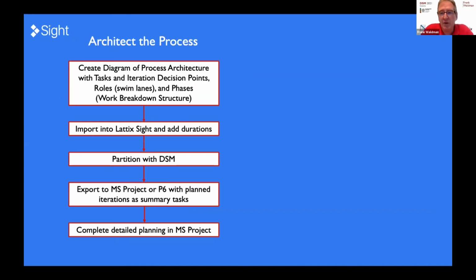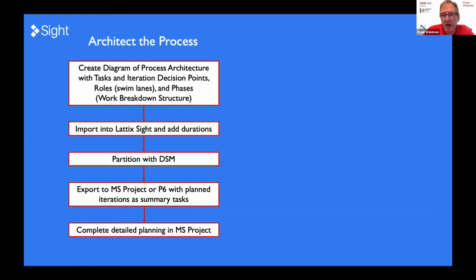So I wanted to just give a little background on where we see Site being used and how it's being used. The idea is to enable people to create a diagram of a process with all of the information that they normally would put into it: tasks, iterations, roles, phases and so forth.